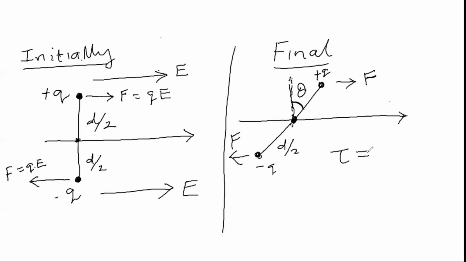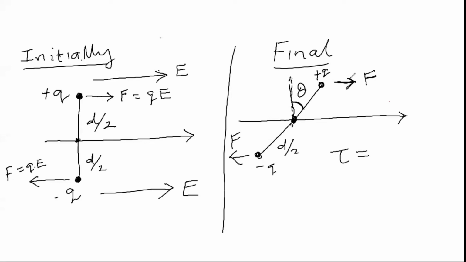The torque is basically the product of the force and the lever arm. Now the force that is acting on this is that. And then what is meant by the lever arm?